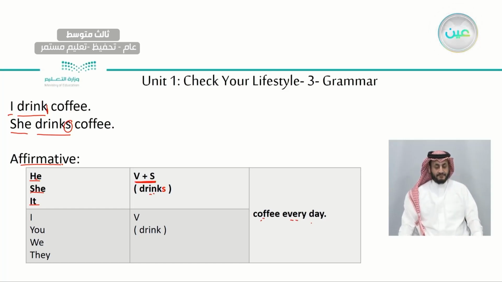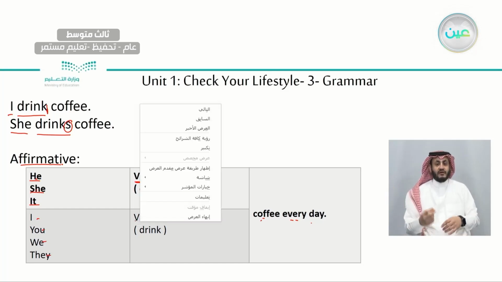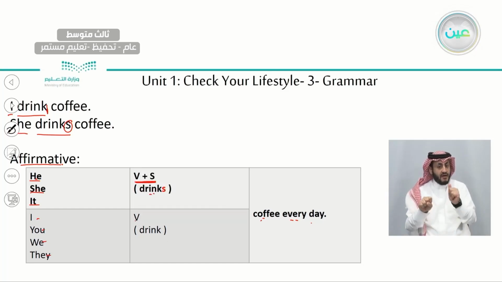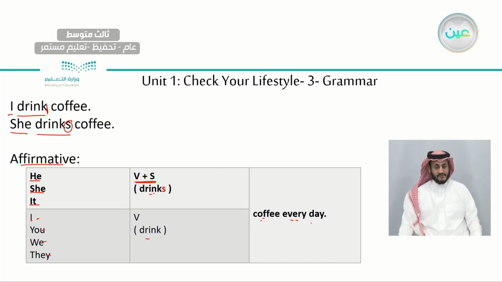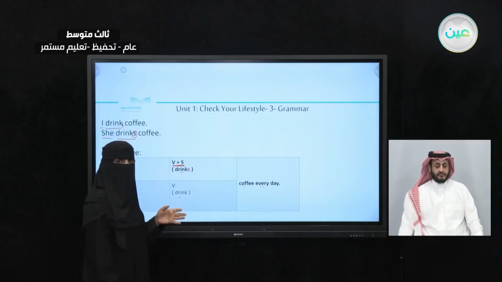Okay? What about the other ones? I, you, we, and they. We use the verb alone with nothing to add. For example, I drink coffee every day, you drink coffee every day, etc. This is for the regular sentence.